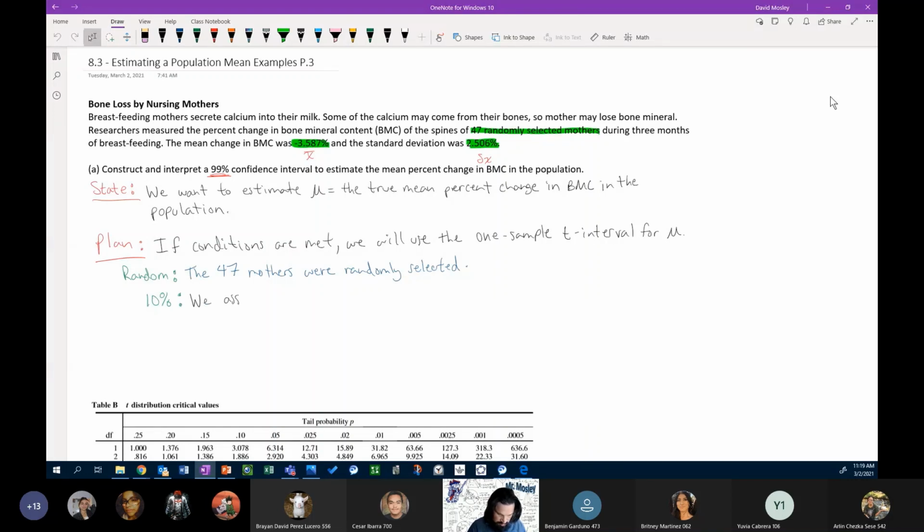Essentially we assume that 47 is less than 10% of the population of all breastfeeding mothers.